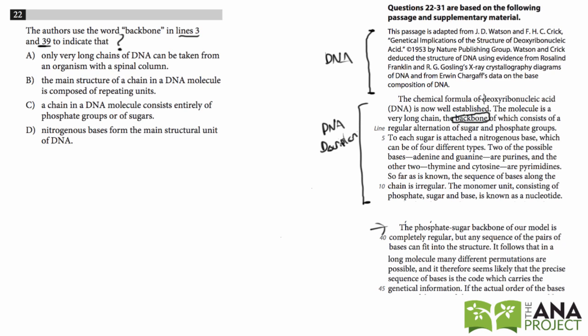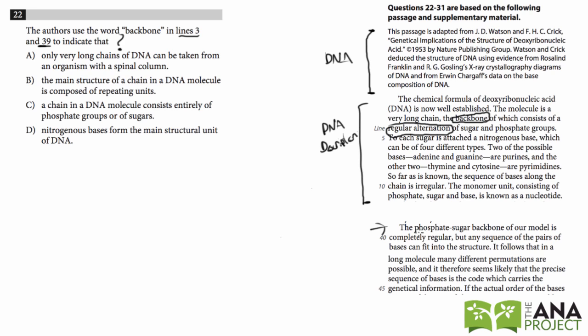The chemical formula of DNA is now well established. The molecule is a very long chain, the backbone of which consists of a regular alternation of sugar and phosphate groups. So that's really important. Let's look at here.